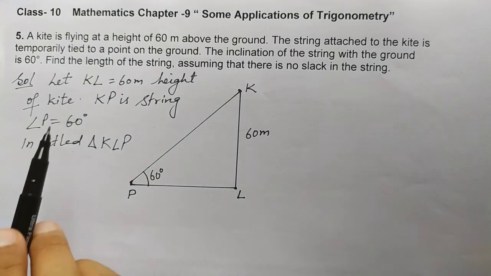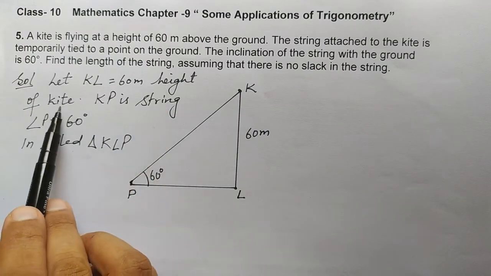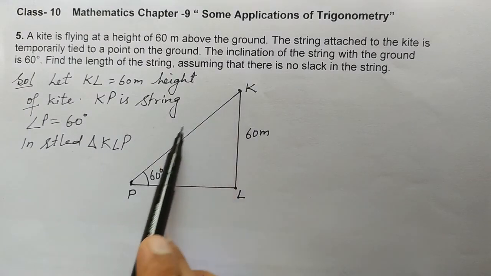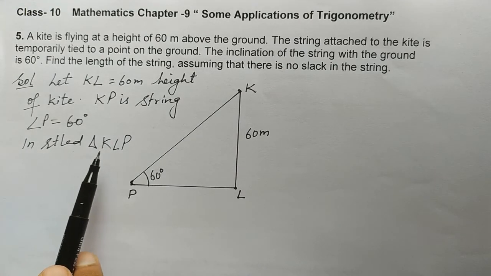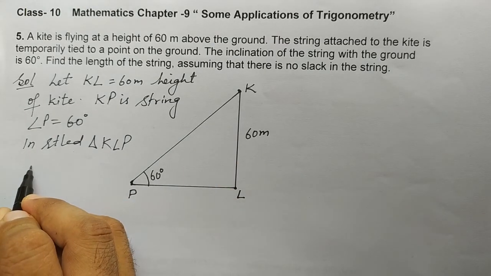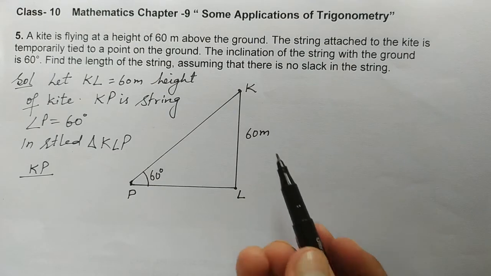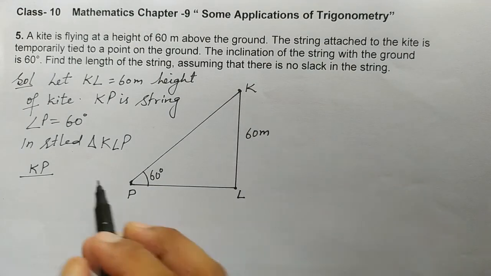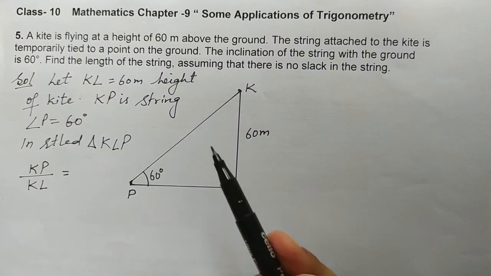So it's written, let KL is equal to 60 meter, height of kite, KP is the string, angle P is 60 degree, and in right angle triangle KLP, we are to find out KP. So we'll write KP in the numerator over what is given, that we will write in the denominator, that is KL, is equal to, which T ratio will be there?